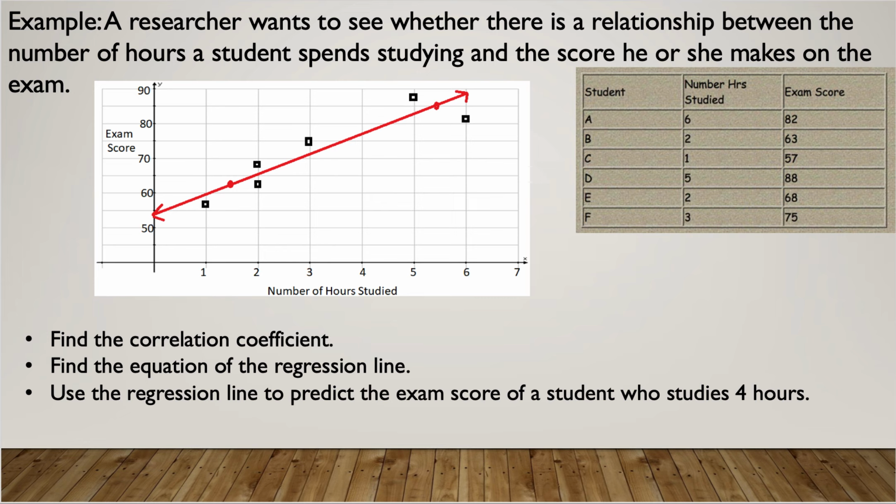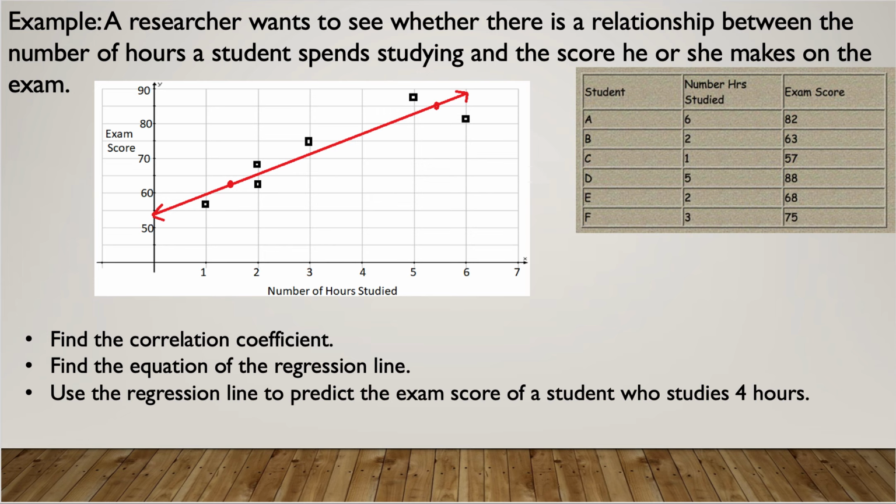Not everybody has the same kind of calculator, so I'm not going to take time right now to show you how to do it because you may have a different calculator. But you need to find your instructor and make sure that you understand what buttons you need to push to get your calculator to calculate the correlation coefficient for you.